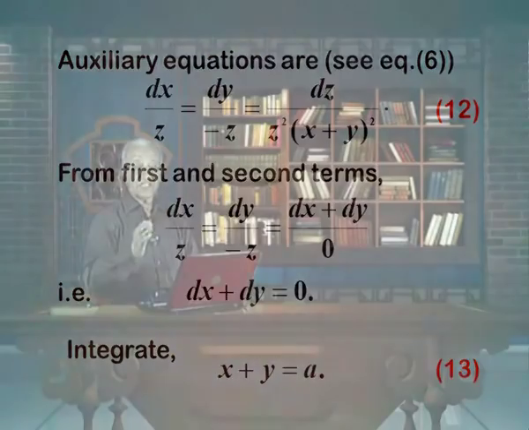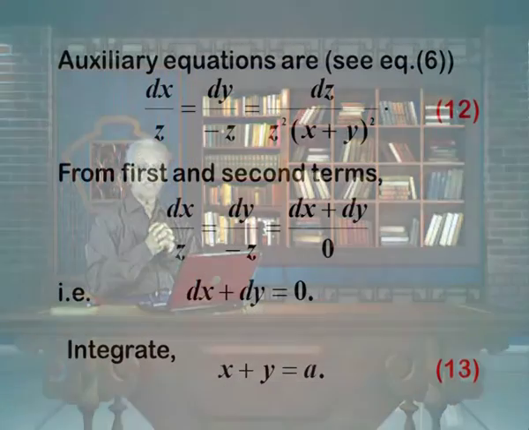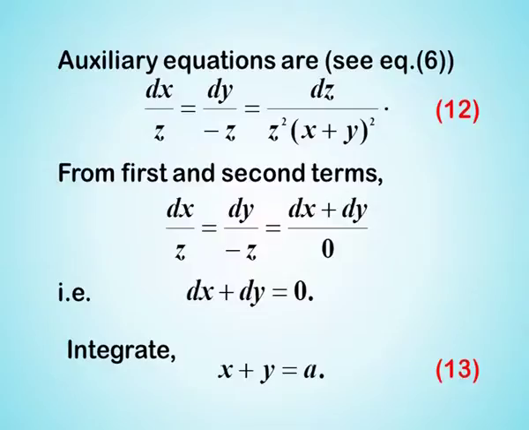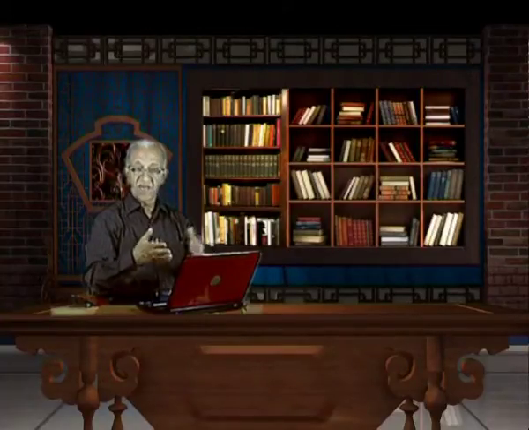The first and the second term that we make, as I have told you, we can pair any two: first and second, second and third, third and first. So, I am taking the first and the second term, meaning I am taking dx upon z and dy upon minus z. Since it is a ratio, the third term is easy to understand. If a upon b is equal to c upon d, each one is equal to a plus c upon b plus d. Same thing I am writing here.